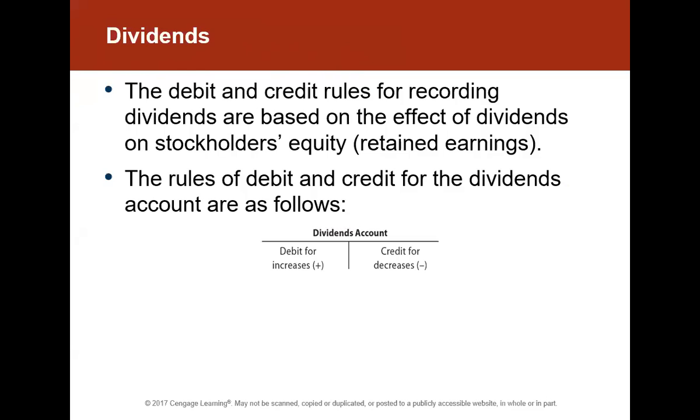I'm going to write the expanded accounting equation up here too, just for reference as we go through the chapter and do the examples. So assets all increase on the left or debit side and decrease on the right or credit.